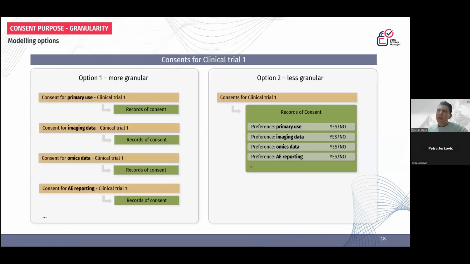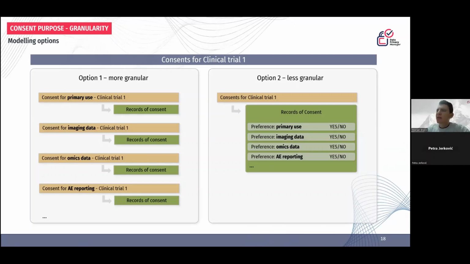And this is just to give you a taste of the granularity and the modeling in the central records of consent repository. So I'll take an example of collecting consents for clinical trial 1.